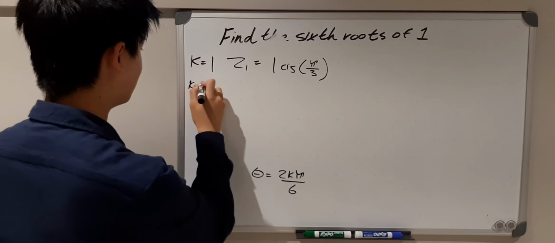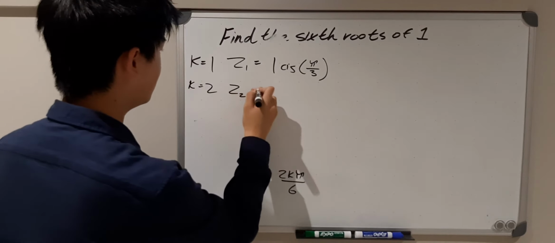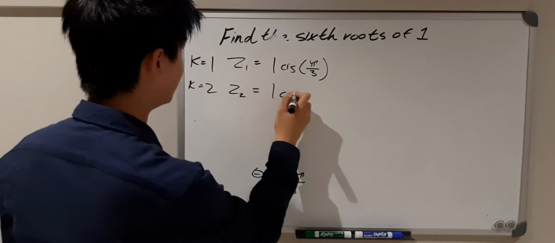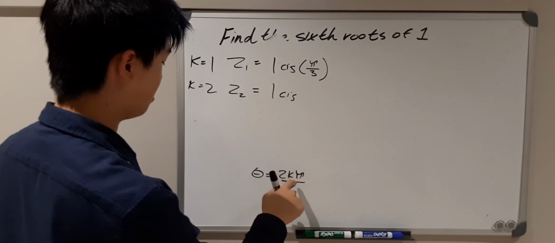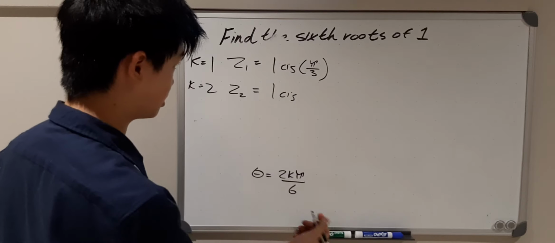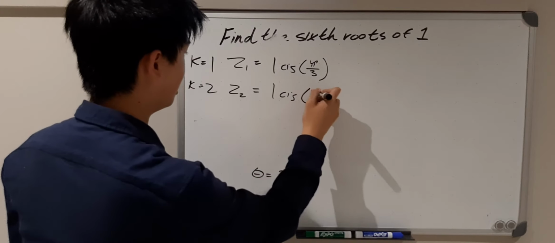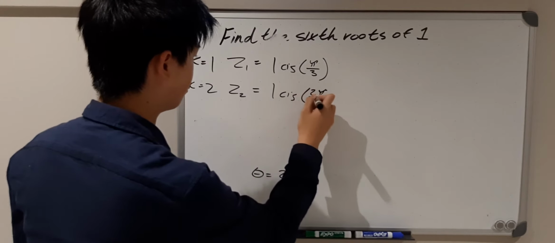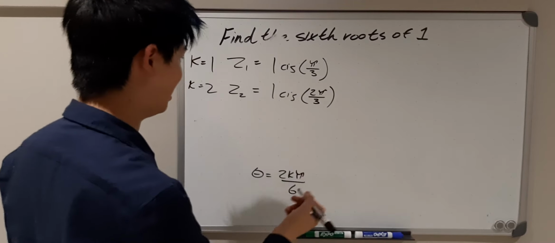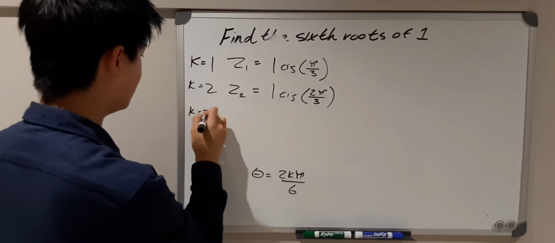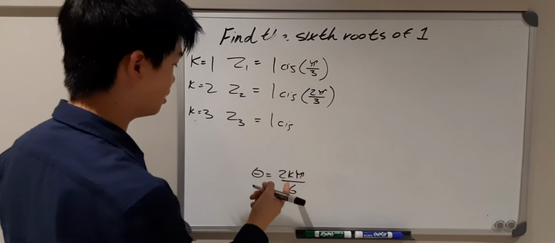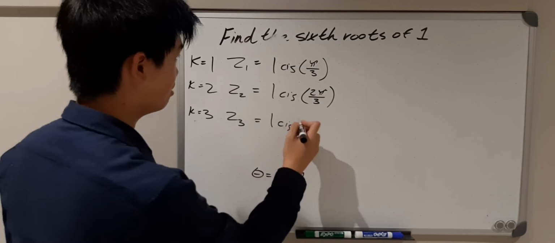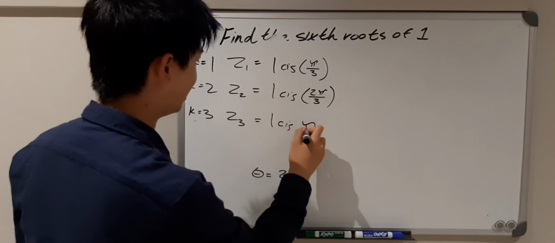So then k equals 2 for z2, that would be equal to 1 cis, well, that would be 4 pi over 6, which is 2 pi over 3. And then for k equals 3, z3 is equal to 1 cis, well, k is equal to 3, so that'd be 6 pi over 6, and that would be just pi.